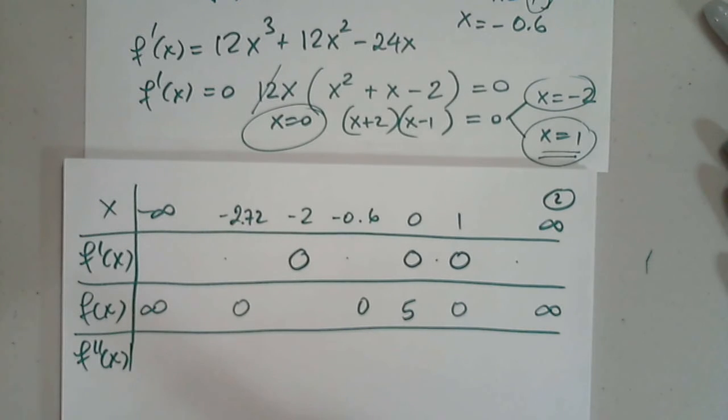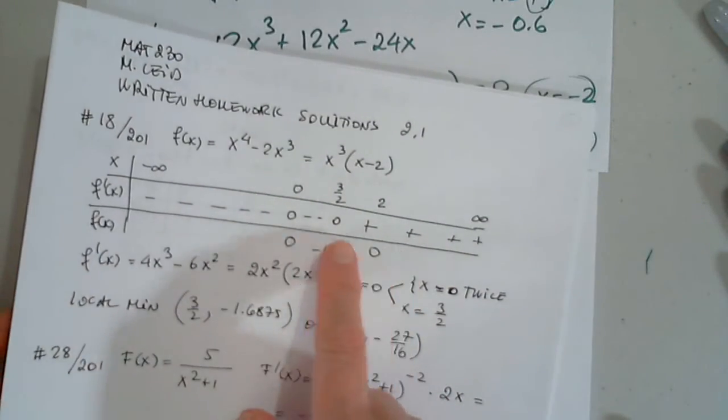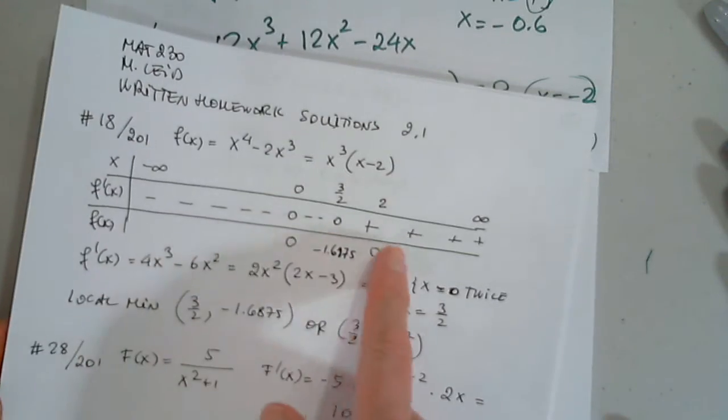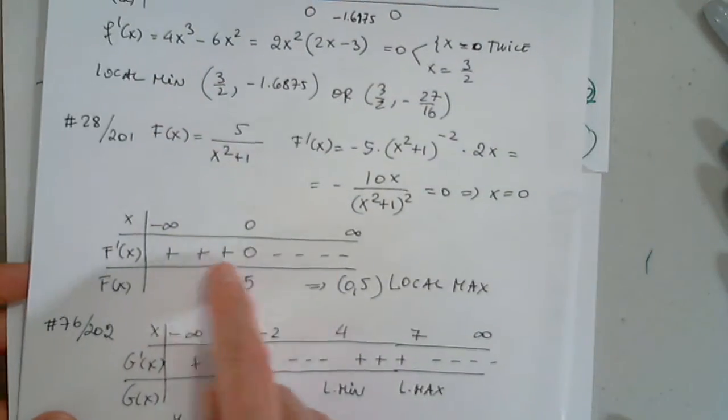Now, a comment about your work, and I do have the solution somewhere here handy. Some of you just filled in some signs. No, you cannot just put some signs. We cannot just say, oh, I think it's negative and positive.